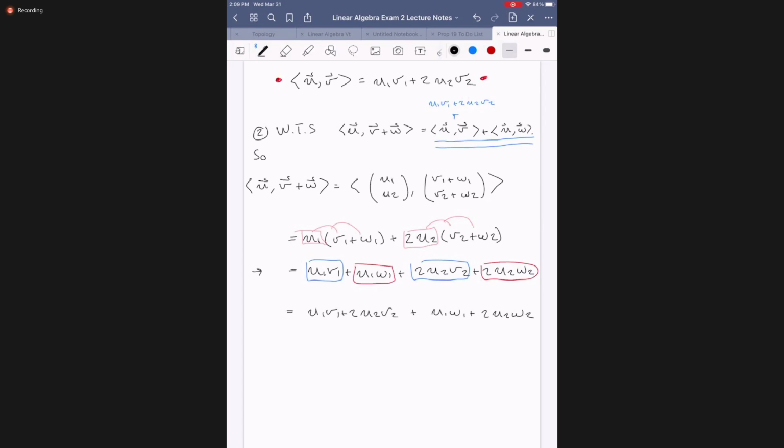Well, what is this thing right here? Well, that's just going to be the inner product of u and v, right? And then this is going to be plus, well, what's this now? This is going to be the inner product of u and w. So you show that this indeed satisfies that property.